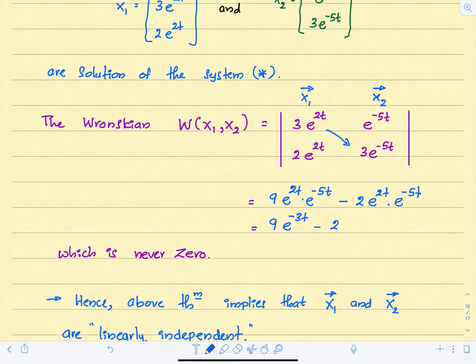Then you will get minus 2 e to the negative 3t. This simplifies to 7 e to the negative 3t. Now as you can see, this value will never become 0. Therefore we can say that our solution vectors are linearly independent.